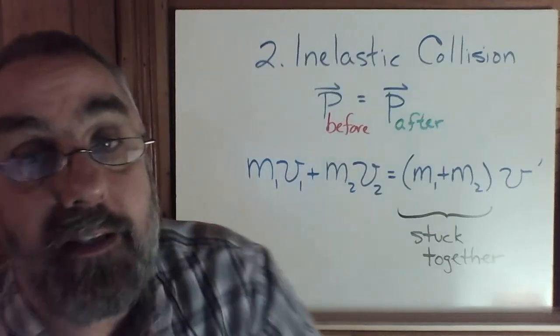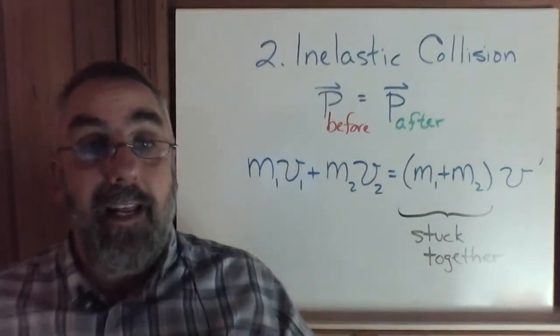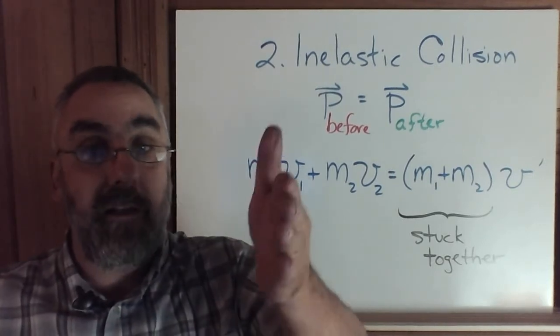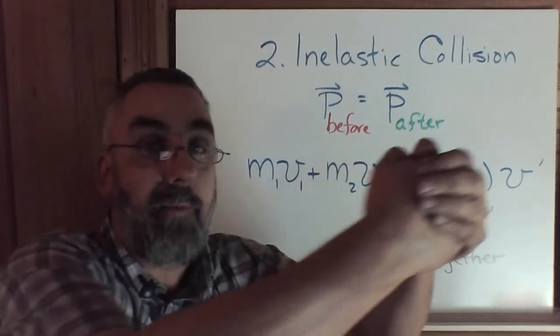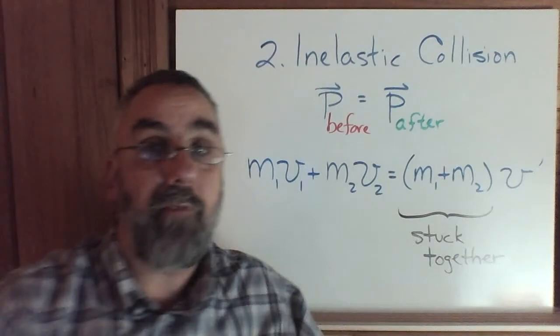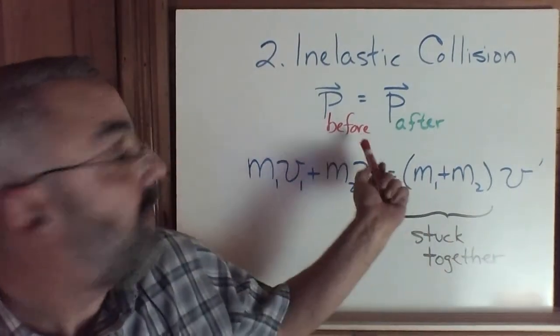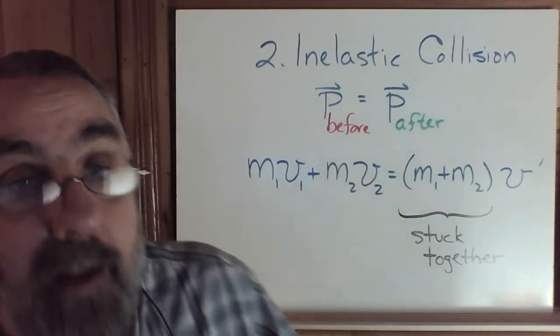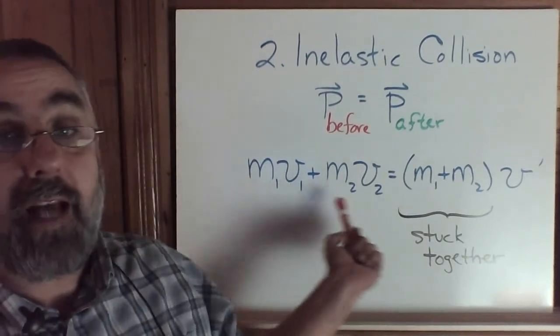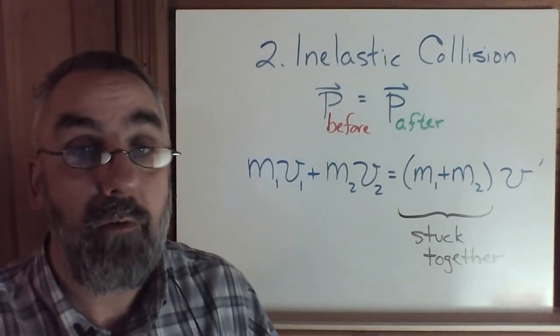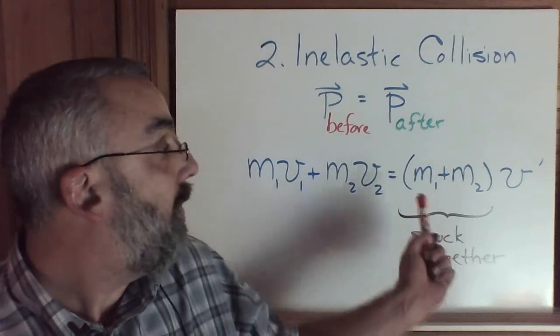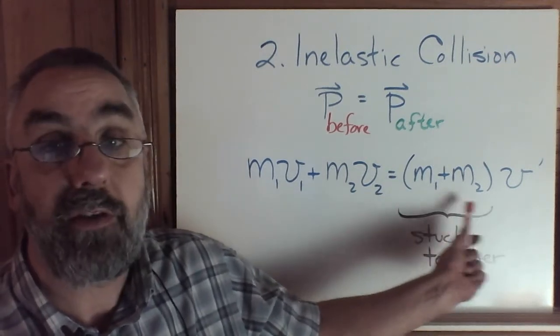Let's say we have an inelastic collision, and that's where things hit and stick. So we might have an object over here and something else hits it, and then they move off as one lump of material. So we have P before equals P after again, and this is the momentum of the objects before the collision, m1, v1 plus m2, v2. But after the collision, these two objects are stuck together.